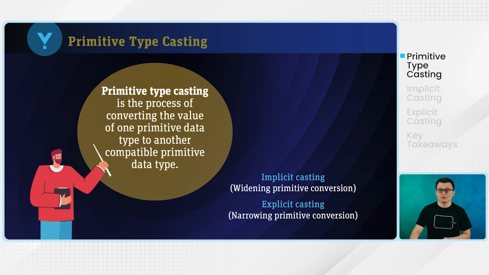Primitive typecasting is divided into two categories: implicit casting and explicit casting. Implicit casting is also known as widening primitive conversion, and explicit casting is known as narrowing primitive conversion.